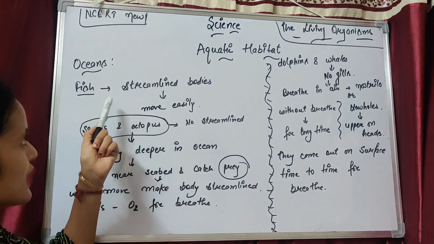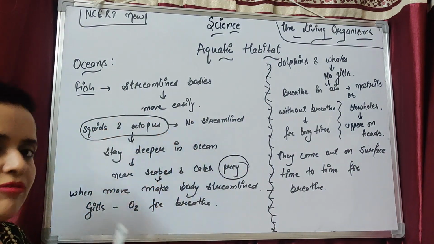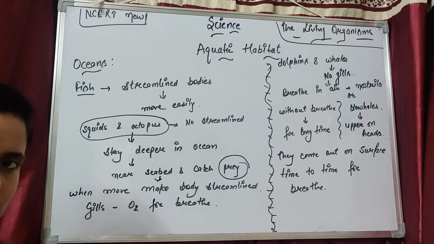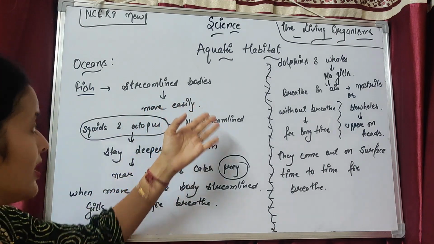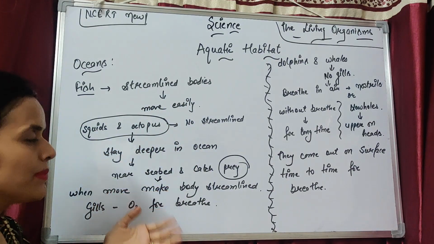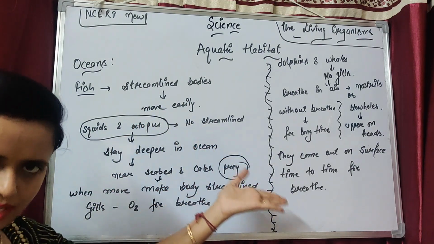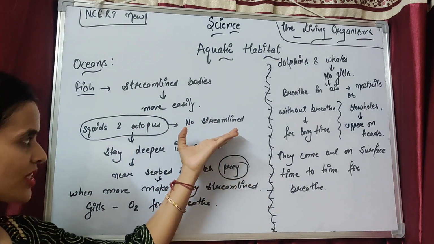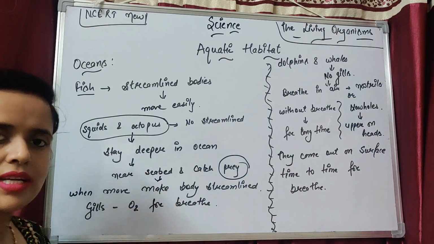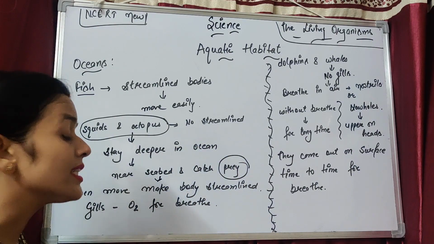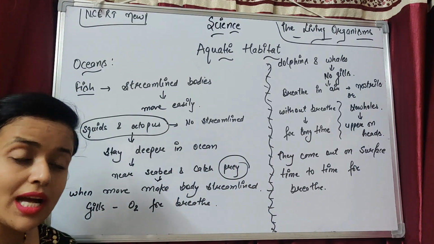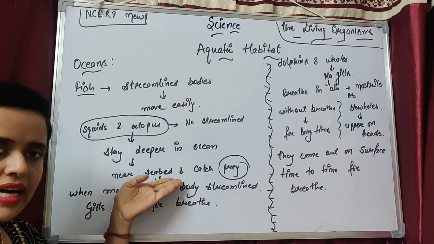Okay. So firstly, fish have a streamlined body so that fish move easily in the water. But squid and octopus do not have a streamlined body, so they stay deeper in the ocean, near the seabed, and catch prey.